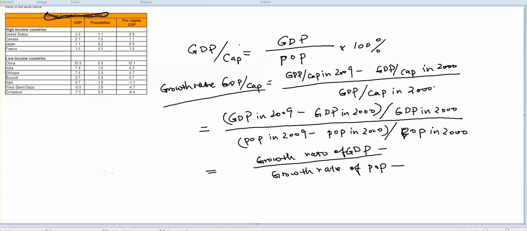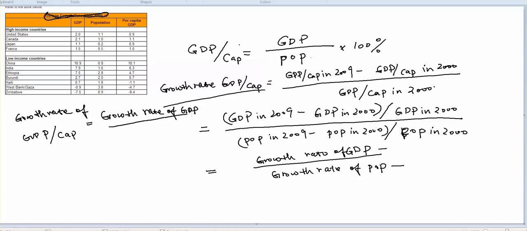So now we can look at this formula: the growth rate of GDP divided by the growth rate of population.